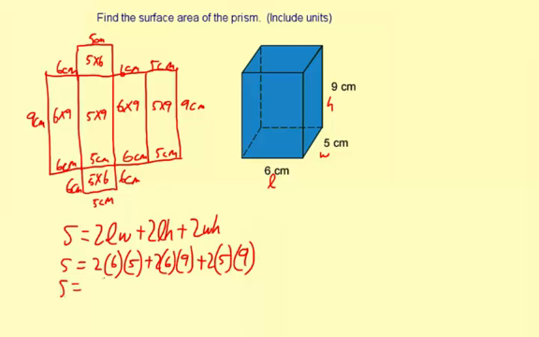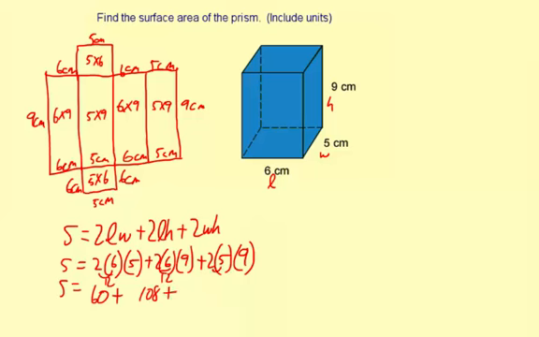So S equals. Now, you can use mental math here, or you can use a calculator. I'll try my mental math skills, see how it goes. 2 times 6 is 12, so then it'll be 12 here for this, and then 12 times 5 is 60. So it'll be 60 plus, and then 2 times 6 is 12, again, and then 12 times 9, that's 108. Pretty impressive, right?